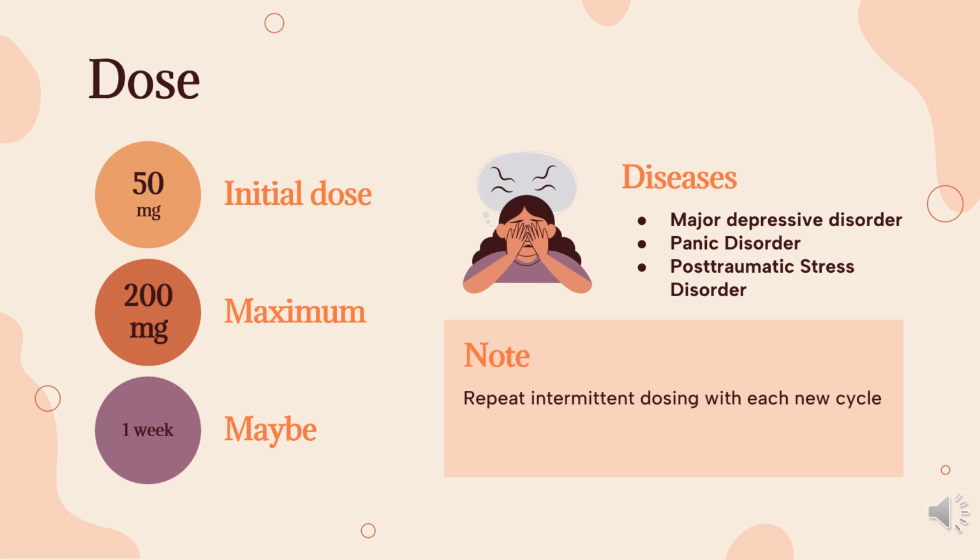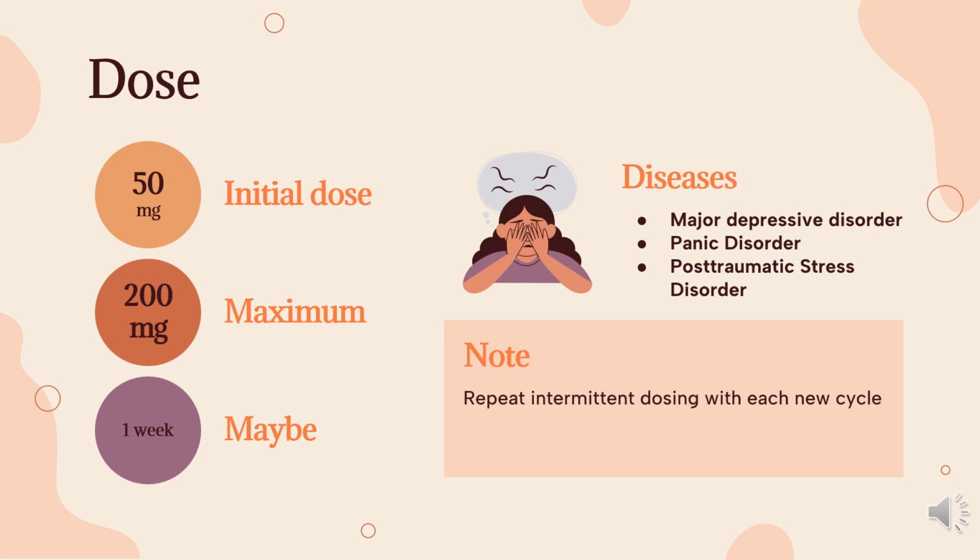Premenstrual dysphoric disorder. Tablets only. Indicated for premenstrual dysphoric disorder, PMDD. Continuous dosing. Initial, 50 mg per day continuously, every day throughout the menstrual cycle. May increase by 50 mg per menstrual cycle up to 150 mg per day if necessary. Intermittent dosing.